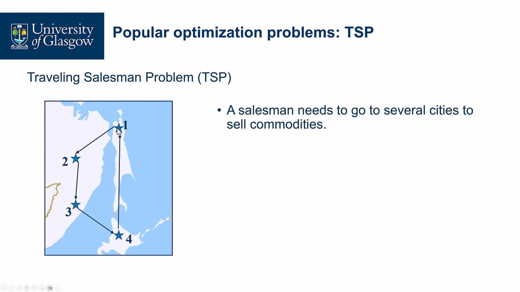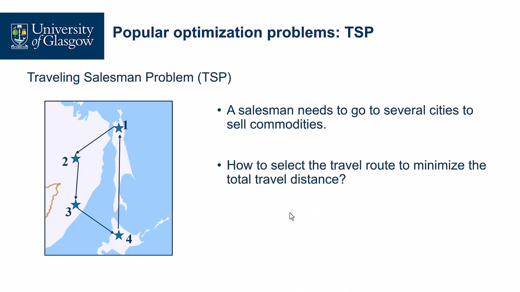For example, he needs to travel to 4 cities: 1, 2, 3, 4, go back to 1. This is one way. Well, he can also go to 1, 3, 4, 2, and go back to 1. That's another way, right? Each of the routes has a different travel distance.